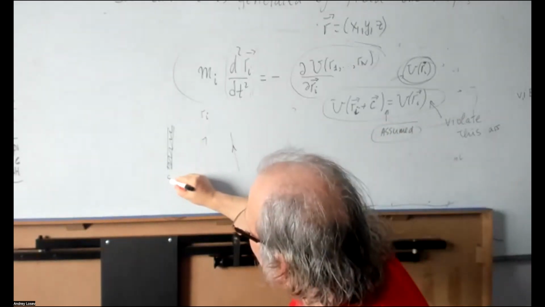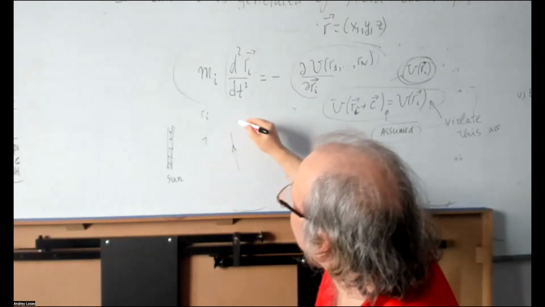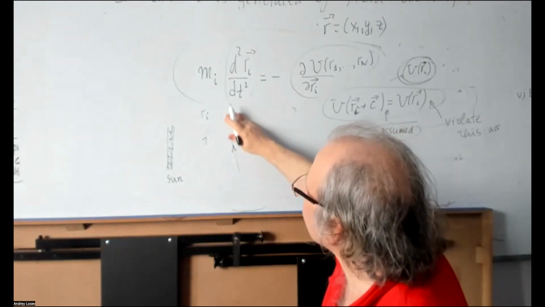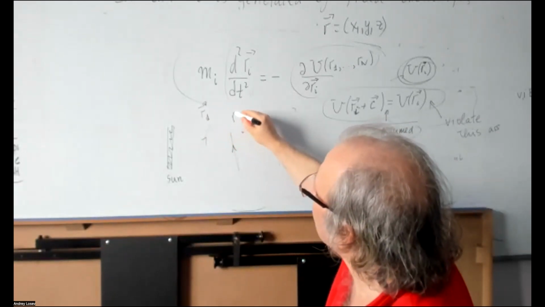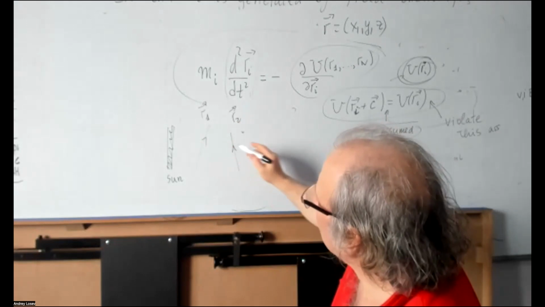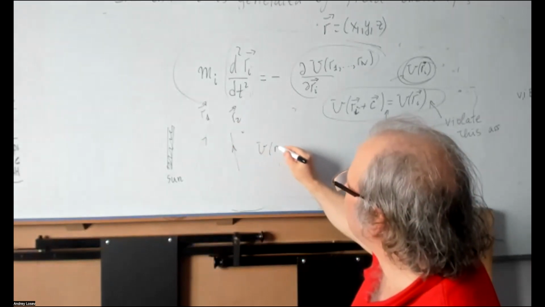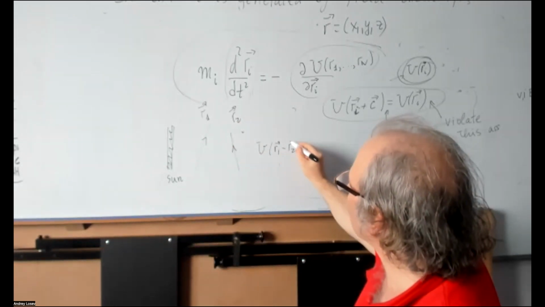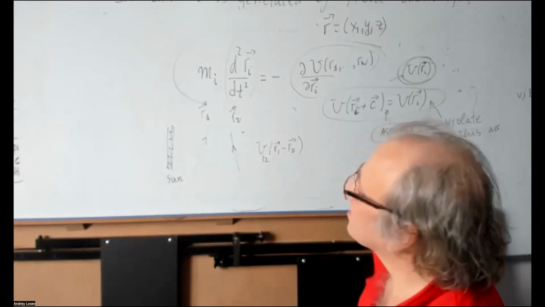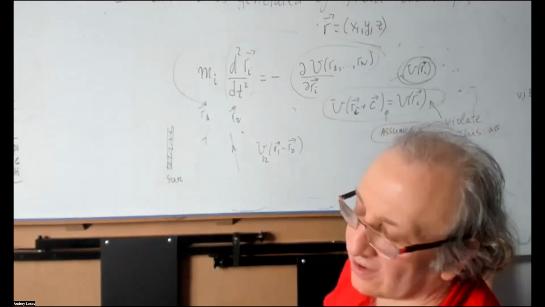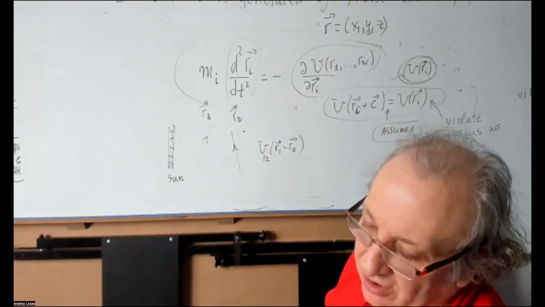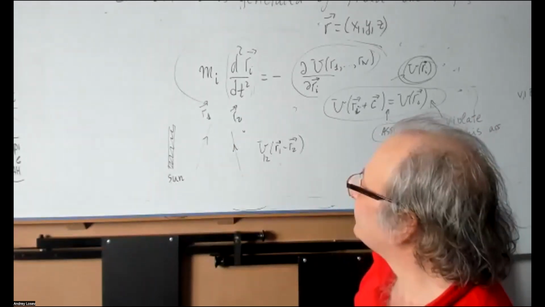So here is the sun, and here we have particles, like R1, R2. So there will be potential between R1 and R2. Like particles are charged, and they repel or attract electromagnetically.